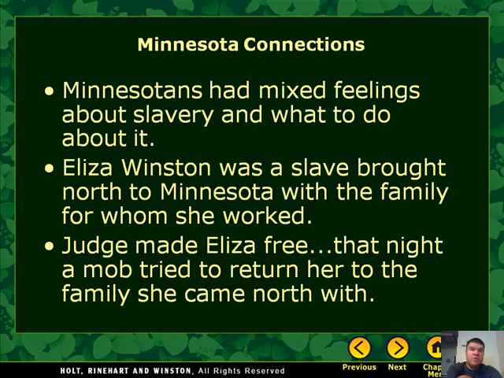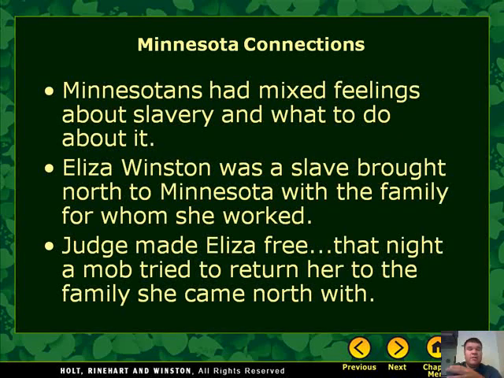So in one particular instance, a slave by the name of Eliza Winston is brought to Minnesota with the family that she worked for from the South. And she gets in touch with somebody, an abolitionist in Minnesota, that says, hey, you know what, you can be free. You're on northern soil. You're no longer a slave. Come stay with us and leave that family.